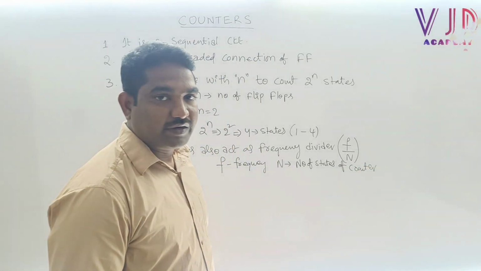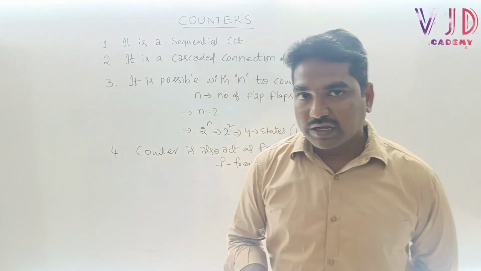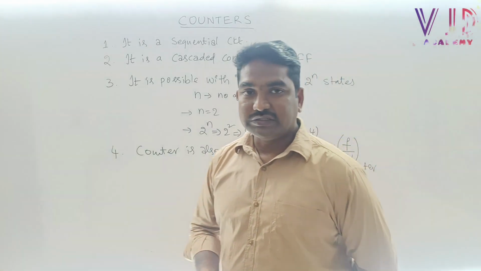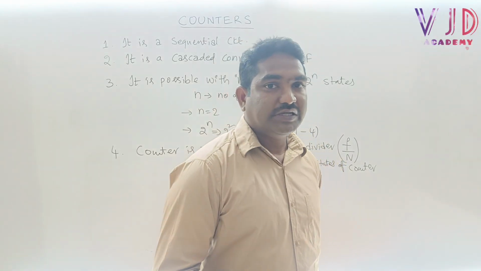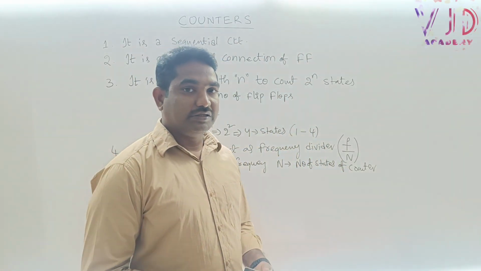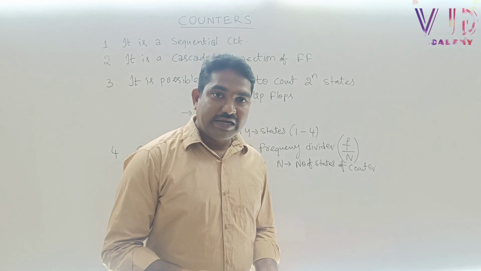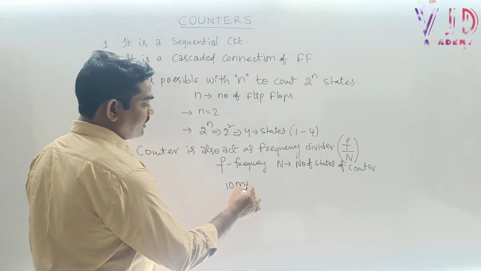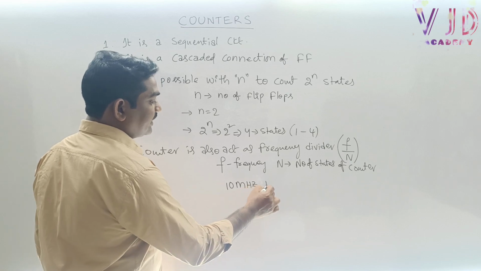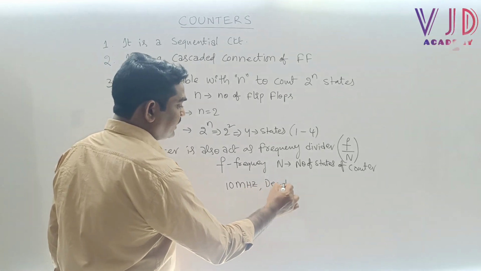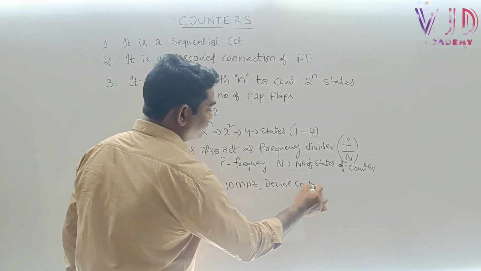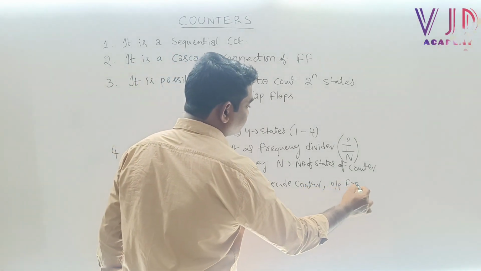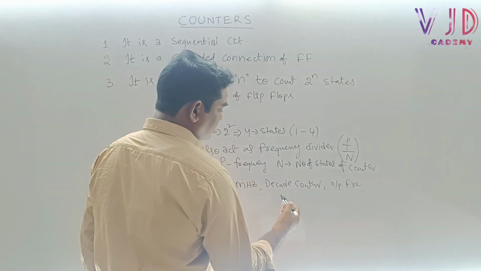Suppose somebody asks you, what is the output frequency for a 10 megahertz decade counter? Decade counter, 10 megahertz, and the question is asking for the output frequency. What is the answer?